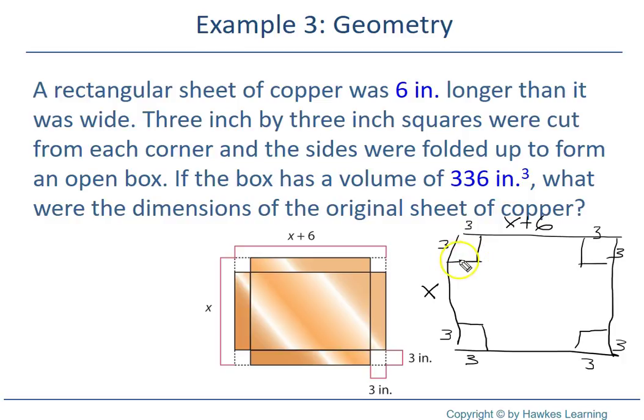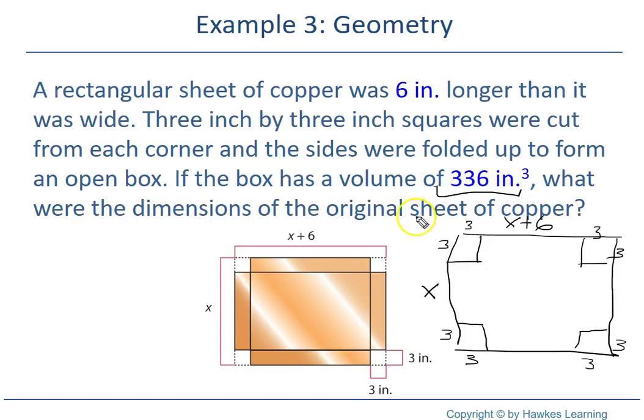When they cut these out, they're going to fold this up and make like a tray with these sides. Okay? Now, the volume inside this, once it's folded up into a tray, is this.